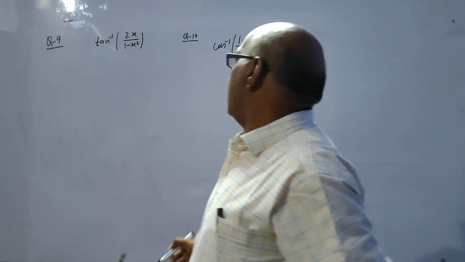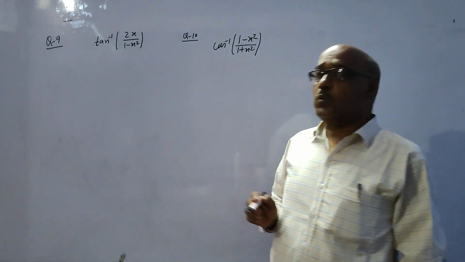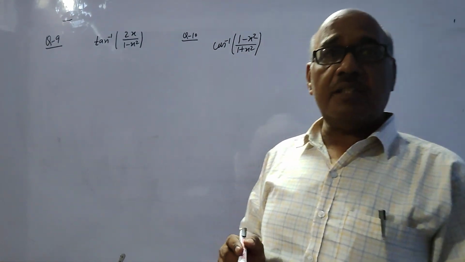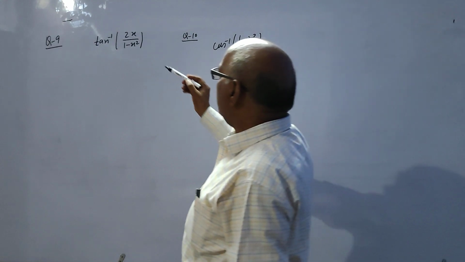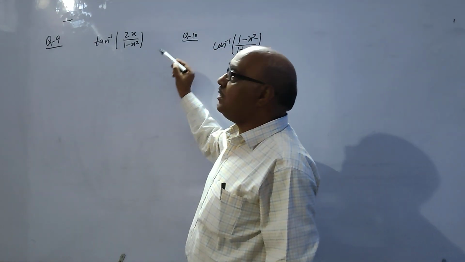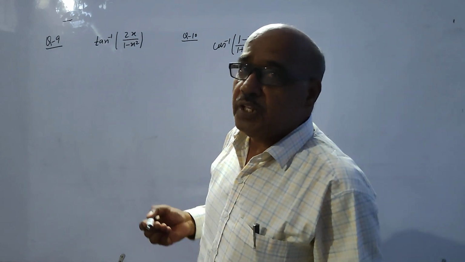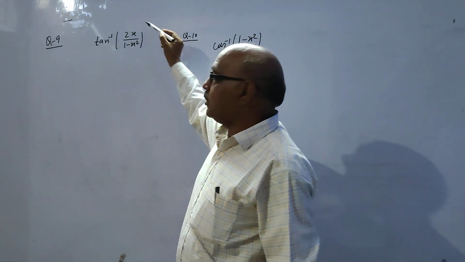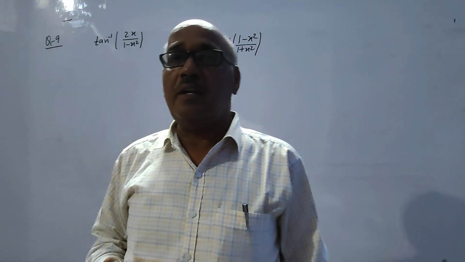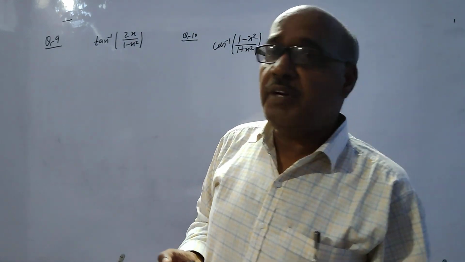Now you have to differentiate tan inverse 2x upon 1 minus x square. So in place of x, which trigonometrical ratio should be substituted, so that when you are solving this entire expression, the result should come in terms of tan? Why should it come in tan?